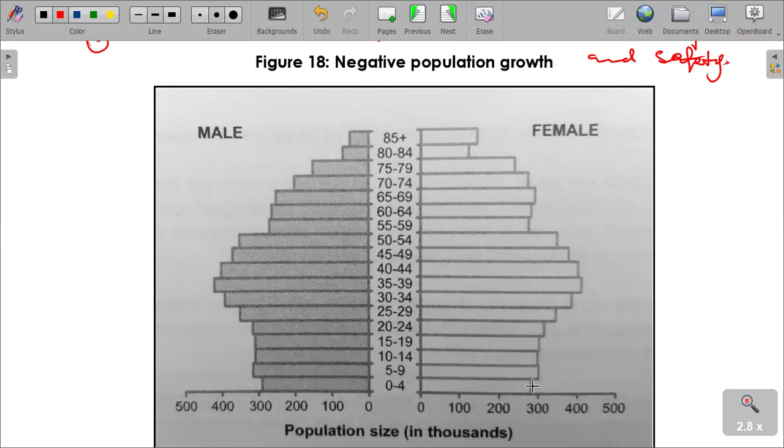We also have low birth rate, but sometimes in the active population, the active population increases.